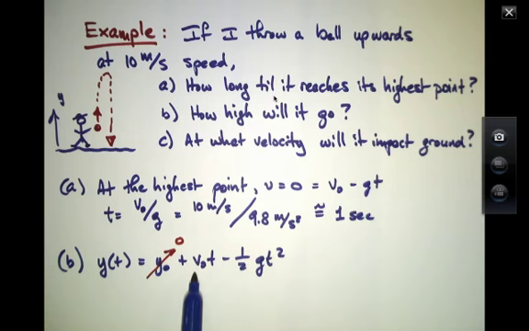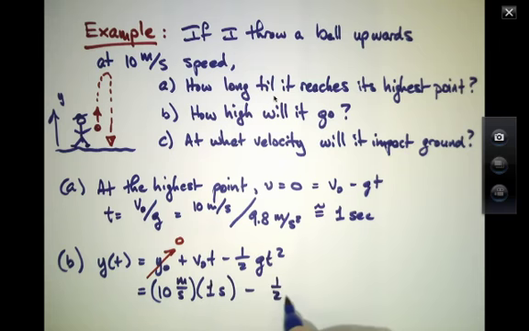And everything here is known. We know what v0 is, we know what the time is, we know what g is, and we know what the time is again. So I'm going to use v0 is 10 meters per second times our approximate value of 1 second minus 1/2.